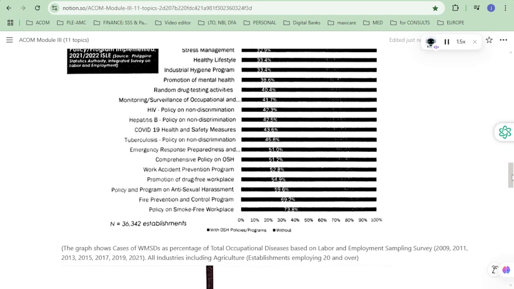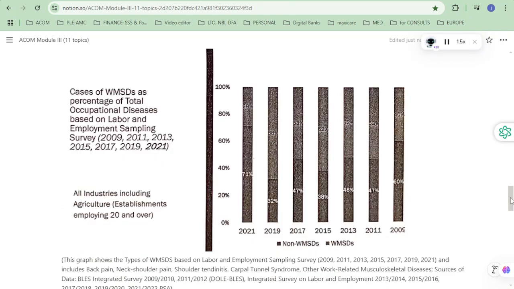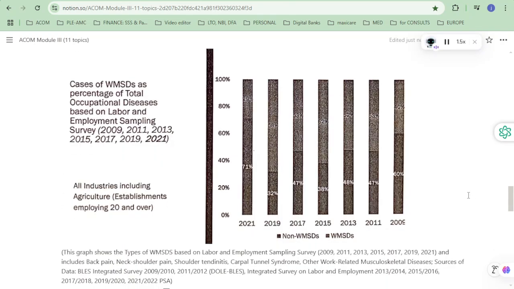Alt text: The graph shows cases of WMSDs as a percentage of total occupational diseases based on the Labor and Employment Sampling Survey, 2009, 2011, 2013, 2015, 2017, 2019, 2021. All industries including agriculture, establishments employing 20 and over.